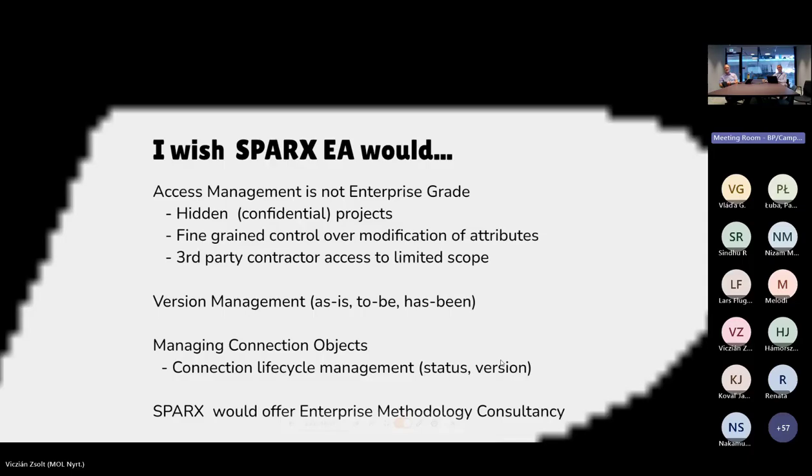And finally, Bob and Horst were super helpful, and we had multiple engagements with them throughout the past year or so. But still, we didn't really get enterprise methodology consultation from Sparx, and that would be great, especially from a company who sells a product called Enterprise Architect.